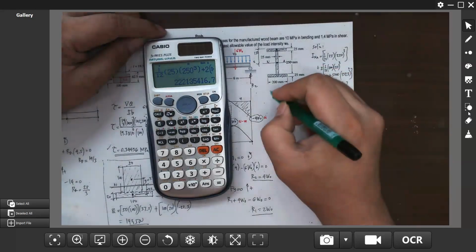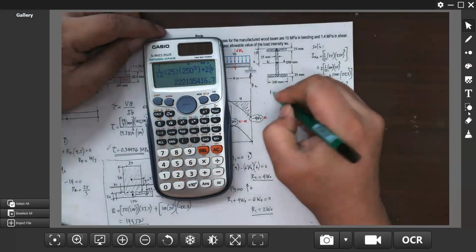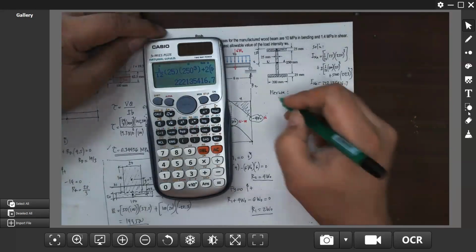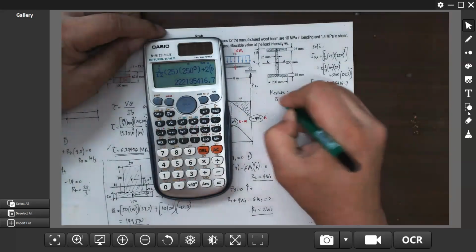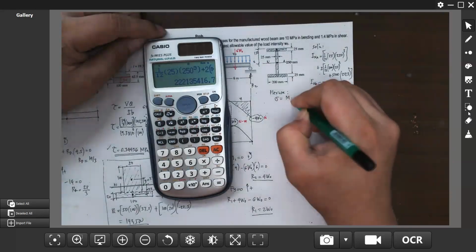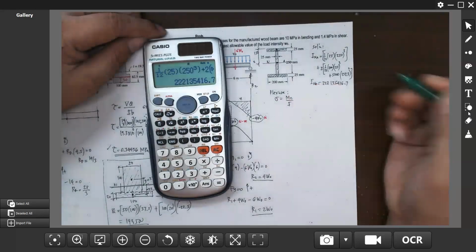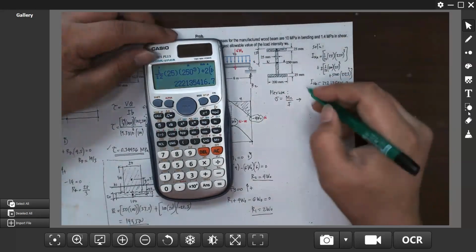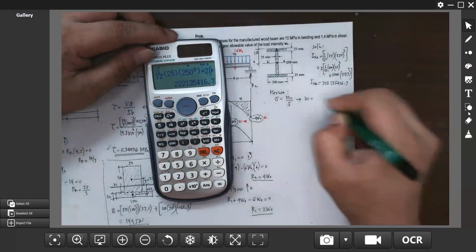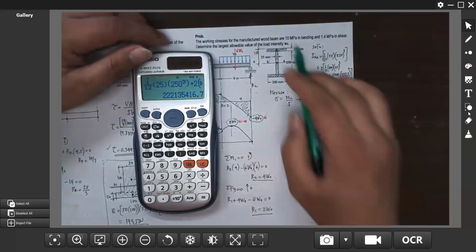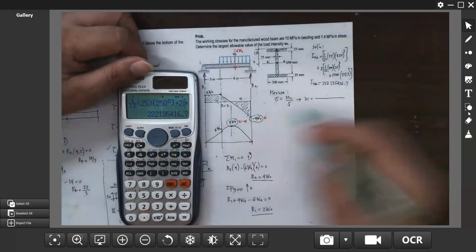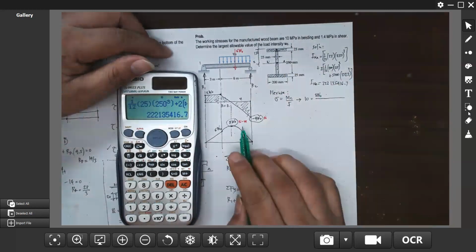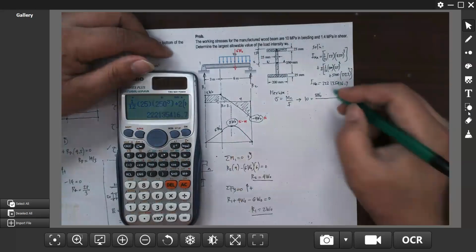So, flexure. For flexure, stress is MC over I. We have 10 megapascal. Our moment is 8W Newton meter, so convert by times 1,000.